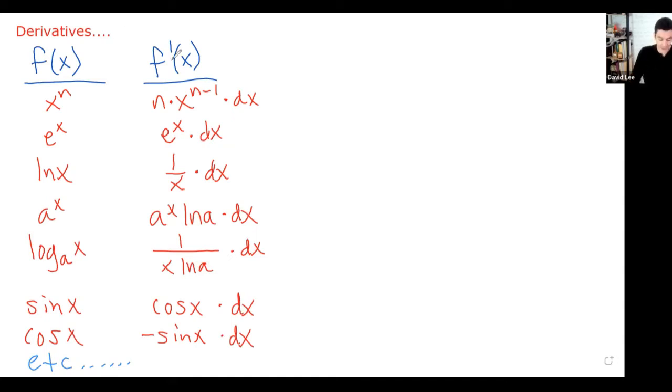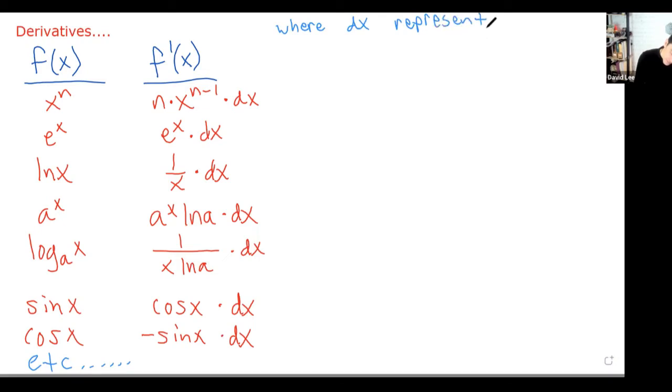Now, let me explain what this dx is. So let me just jot it up here. I'll say where dx represents the derivative of x, right?